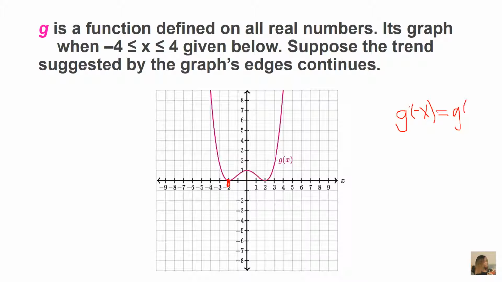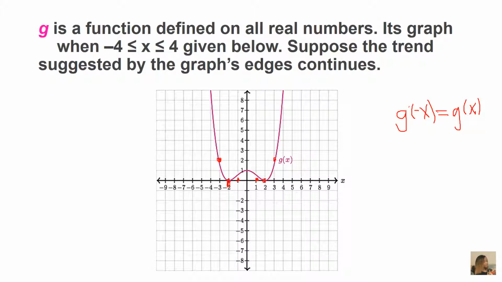So we'll just highlight a few examples. So we see here that g of -2 and g of 2 is equivalent to 0, the x-intercept. G of -1 and g of 1 is equivalent to approximately 3/4. Let's see, g of 3 and g of -3 is equivalent to 2, okay?